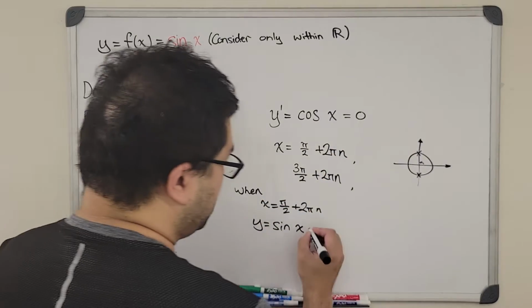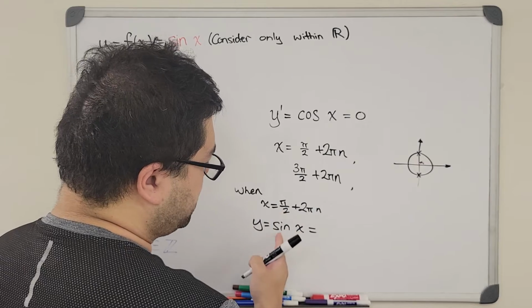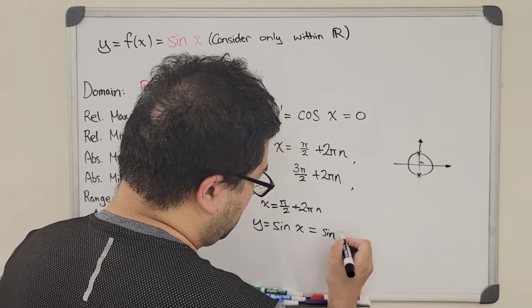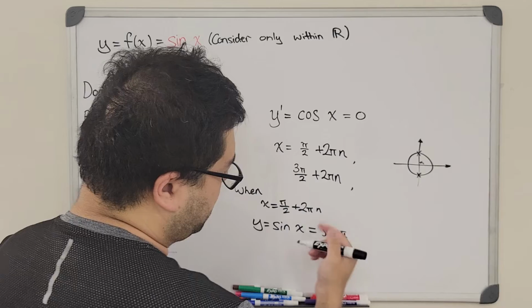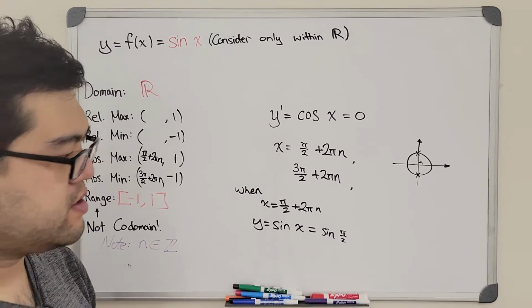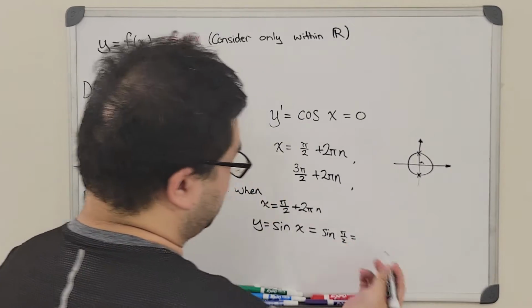So we can just ignore it when we substitute in, so that we just get sine of pi over 2, and then again the plus 2 pi n. You don't have to write it here, and it will give you the same answer anyway.